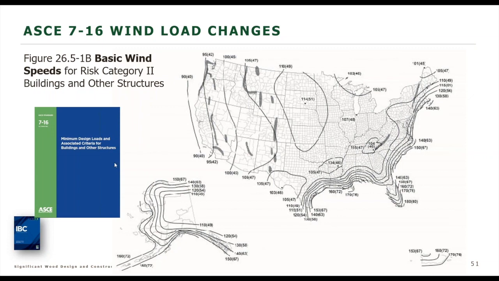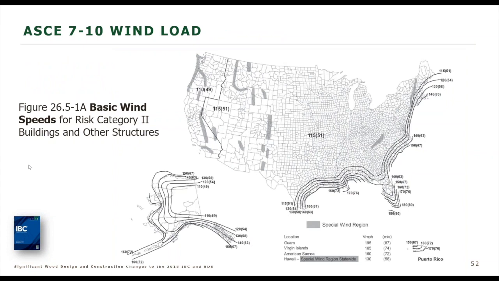And you can see we have some interesting contours across the map. And then this is what was in the previous ASCE 7-10 for risk category 2 for basic wind speeds. So more information from the 1,000 weather recording areas.